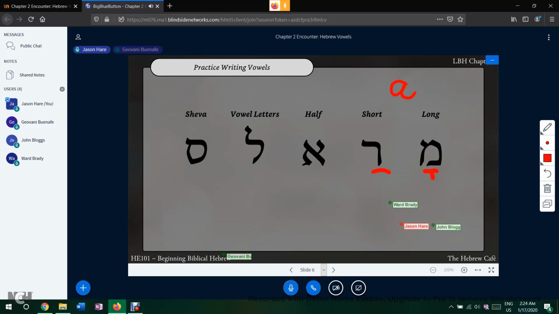So the long A is called Kamatz. Kamatz. And the short A is called Patach. You've looked over the names of the vowels, right? Yes. Patach. That CH sound is the one that we talked about before, the chet.